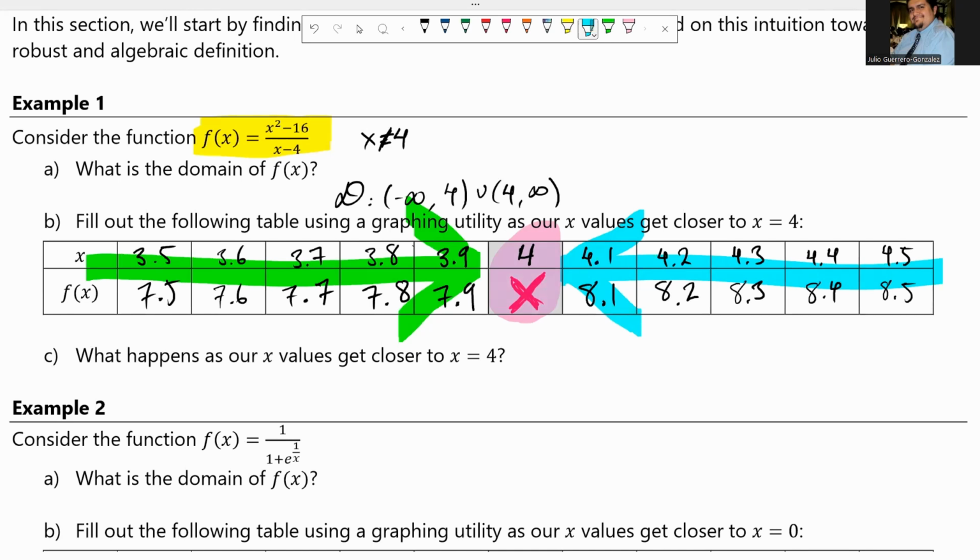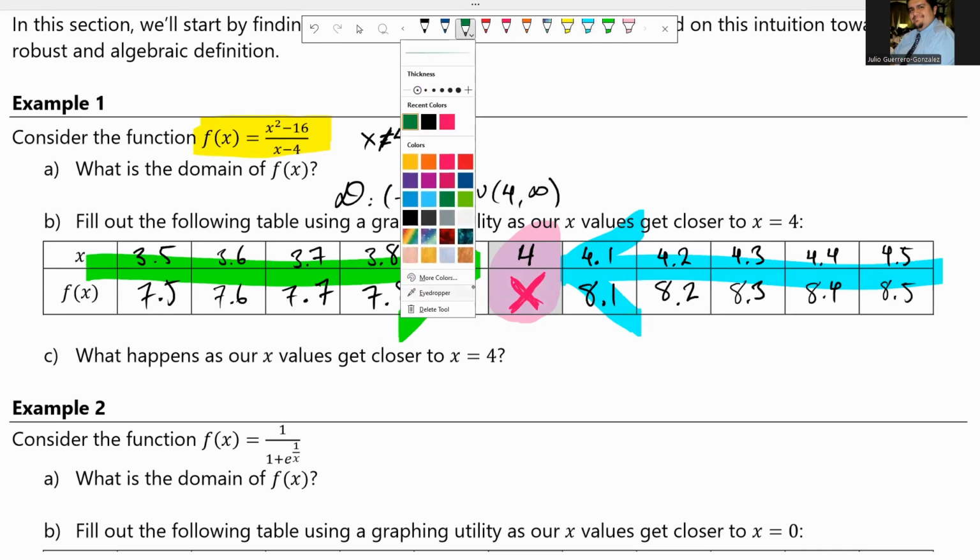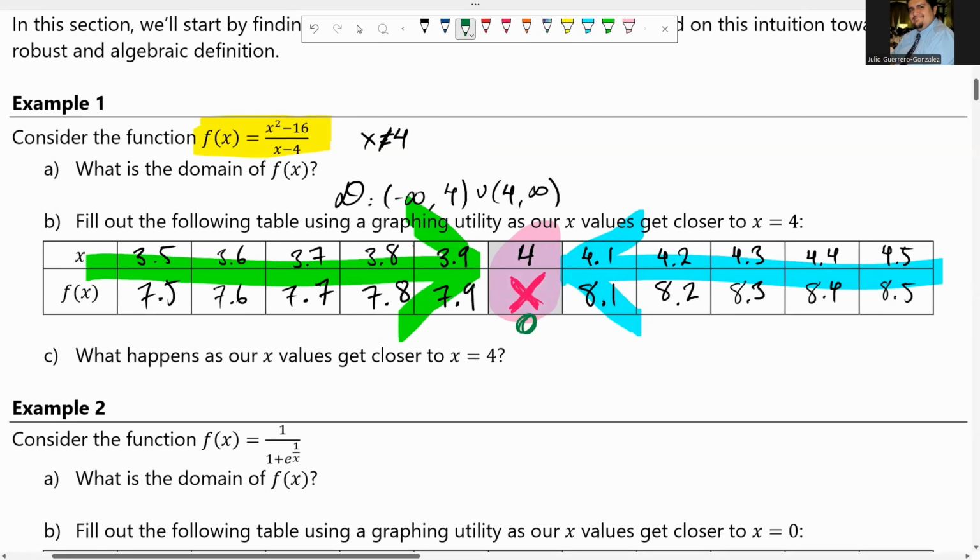So it looks like my f of x values are approaching the value 8. You guys see that? From the bottom, it's going 7.5, 7.6, 7.7, 7.8, 7.9. And from the top, they're dropping: 8.5, 8.4, 8.3, 8.2, 8.1, all the way to 8.